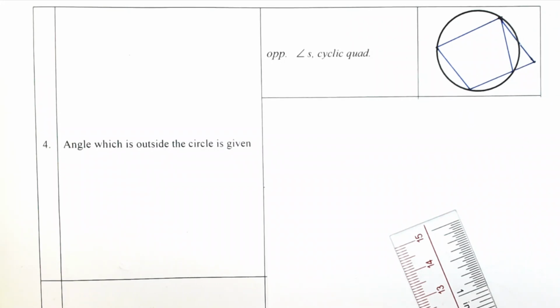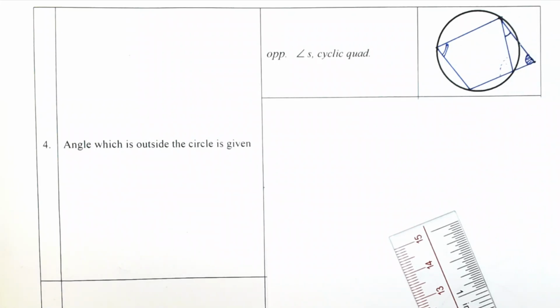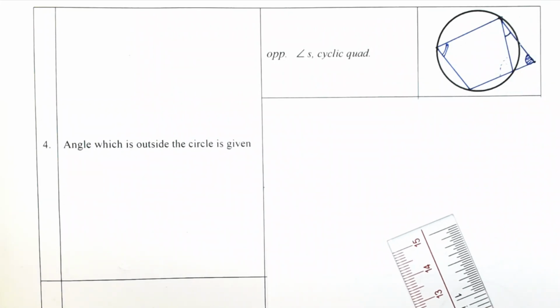Okay, say for an example like this. When a cyclic quad is given and there's some angle lying outside, you may need to consider this angle with, say for an example, this angle and this angle. Because we will have exterior angles found here and opposite angles 180 degrees.